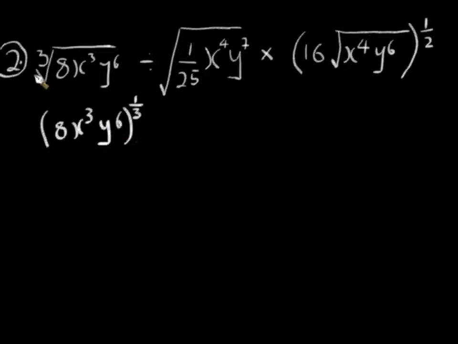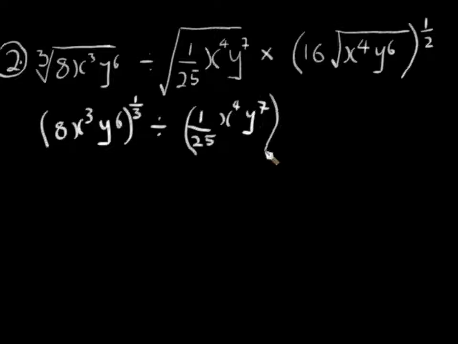So the third root becomes 1 over 3, divided by, now we have here 1 over 25, and here still x raised to power 4, y raised to power 7. Now this is a square root sign, so we can write that as 1 over 2. Write that properly.